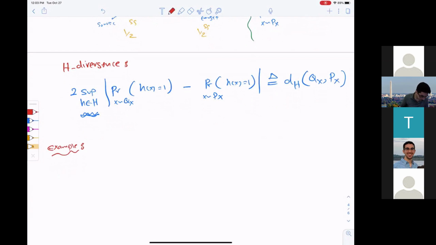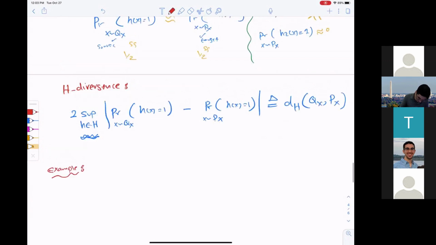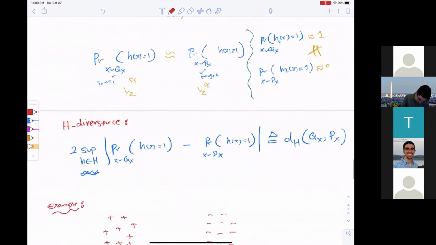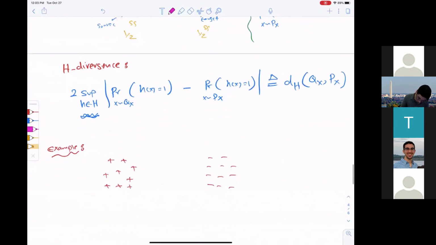Okay, let's say, again, my source was red. I have some source samples. And my target was pink. I have some target samples.